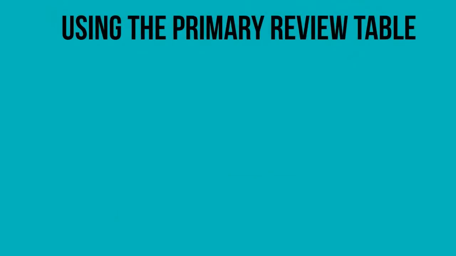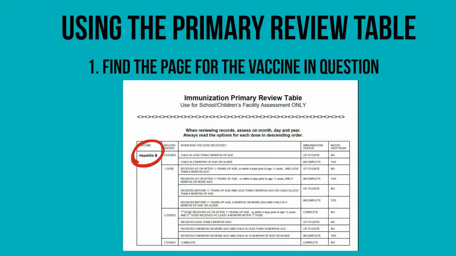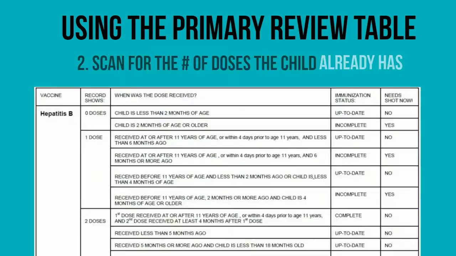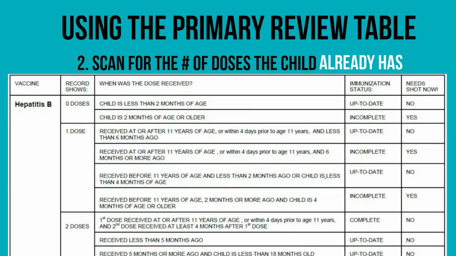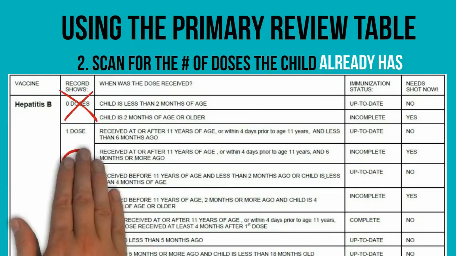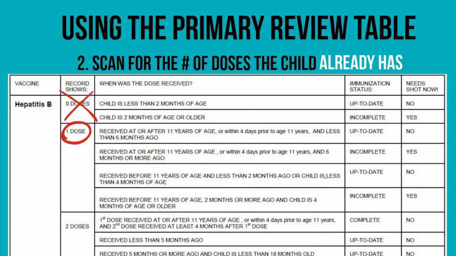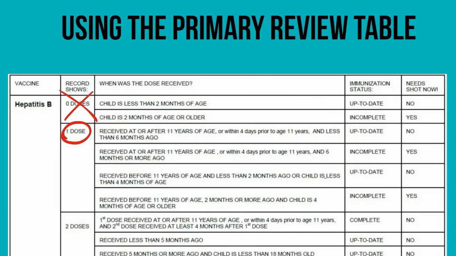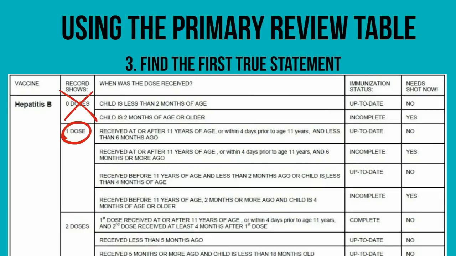Here's how to use the table. Start by finding the vaccine in question. Then look for the number of doses the child already has. Now read each statement in order in that section until you find the first true statement.